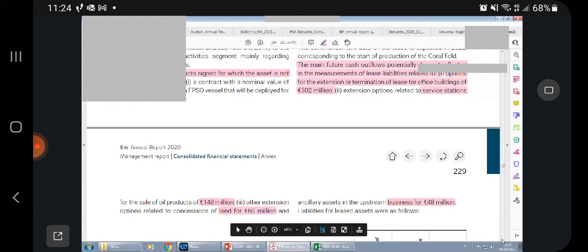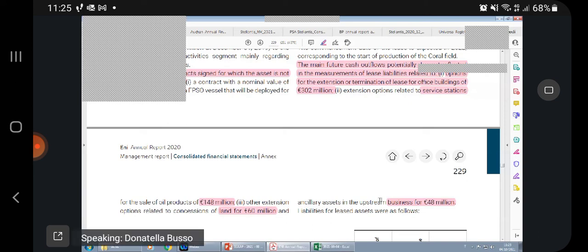So make a computation, 302 plus 148, it means 450 plus another 100, so 650 millions of potential commitments that are not reflected in the balance sheet because options are not considered to be reasonably certain. But for the users, it's very, very important because, of course, they are not reasonably certain, but they are still there.